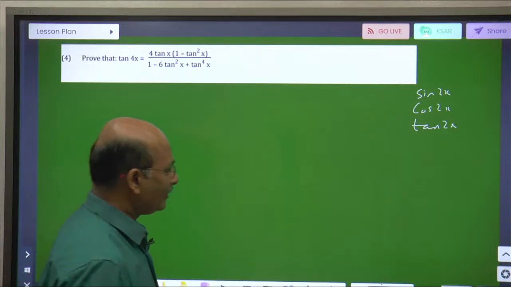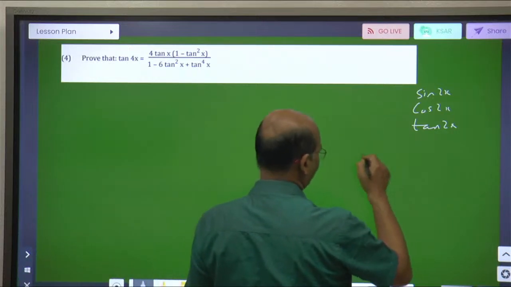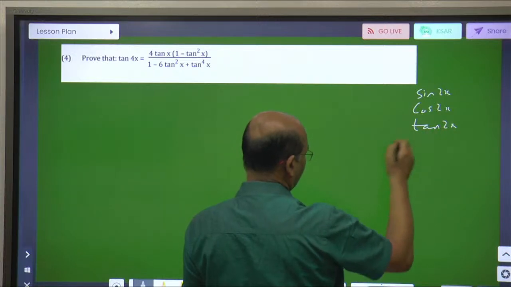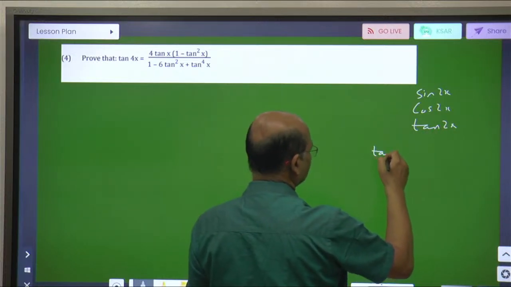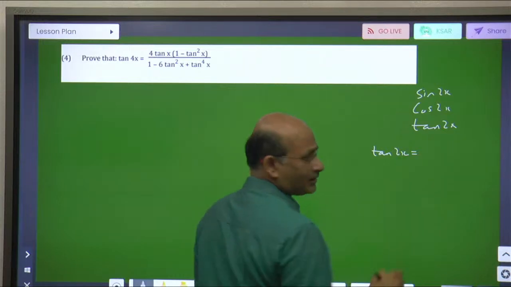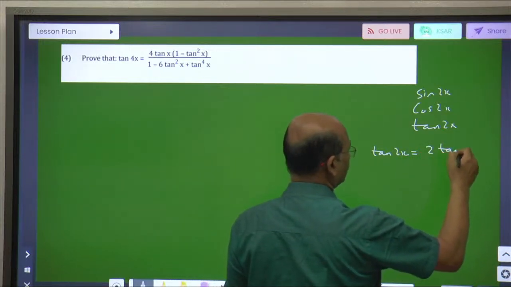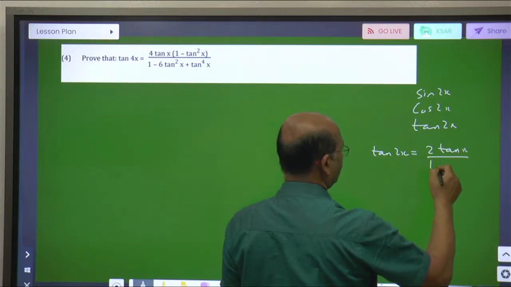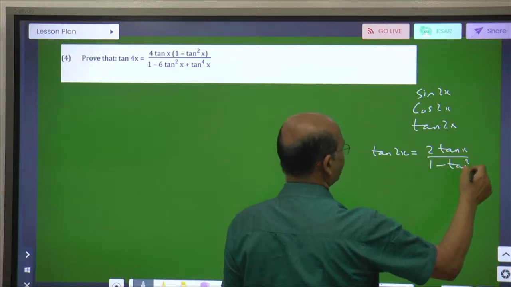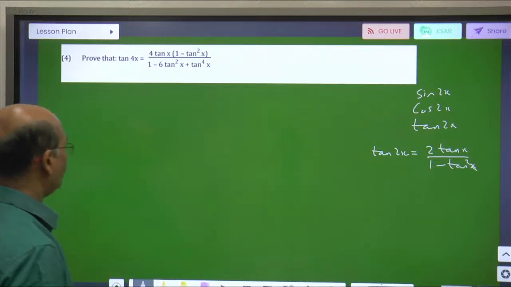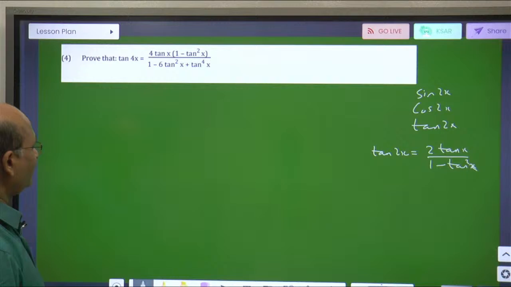But I will tell you one formula. Remember, we have the formula for sin 2 theta, tan 2 theta. So tan 2 theta is nothing but 2 tan theta upon 1 minus tan square theta. This we had seen in the list of formulas which is given to you. Now the question arises, sir, what do I do?